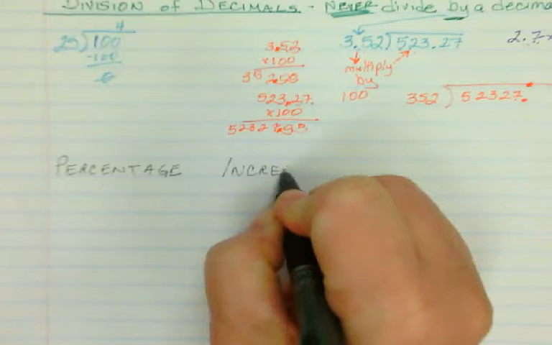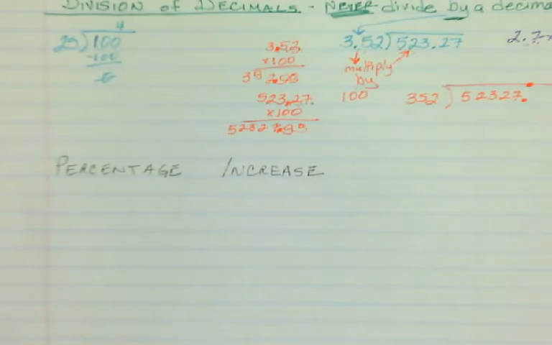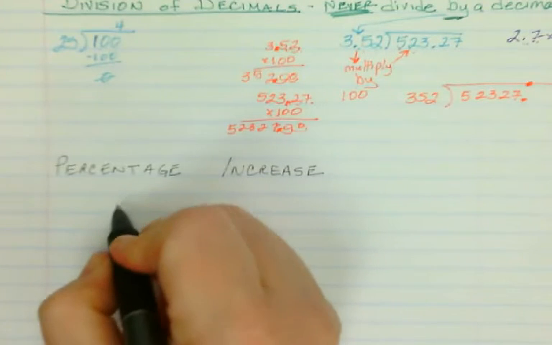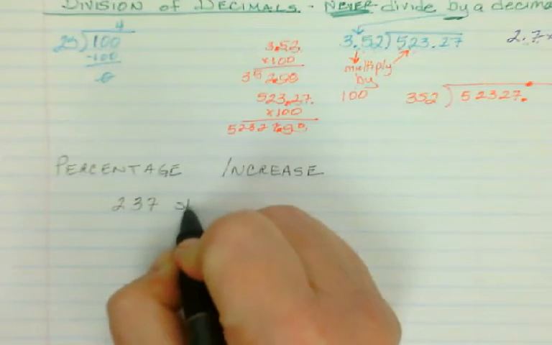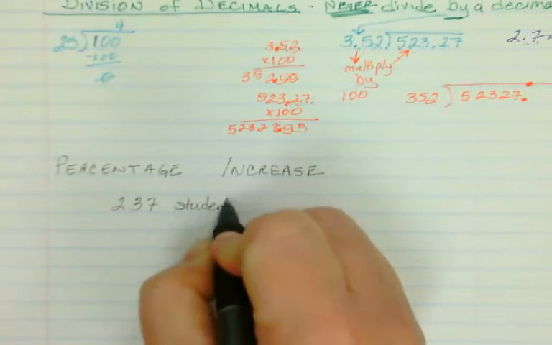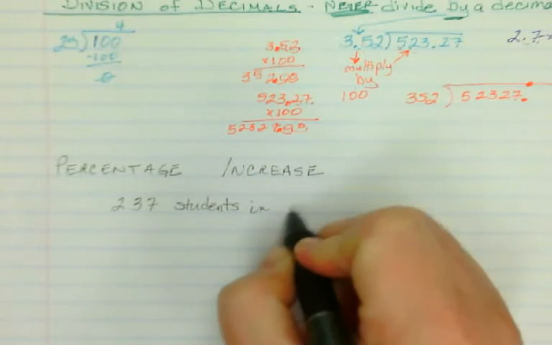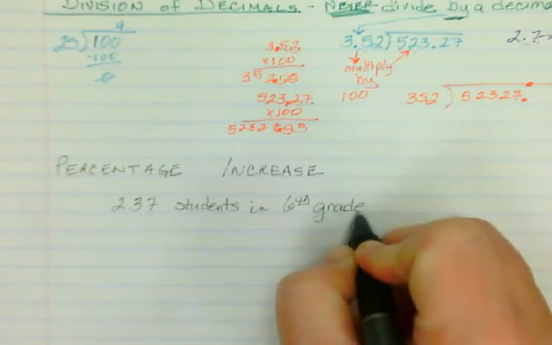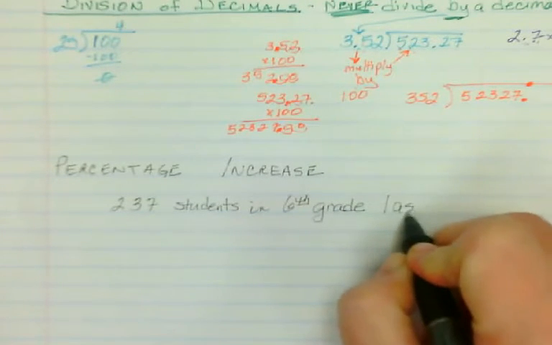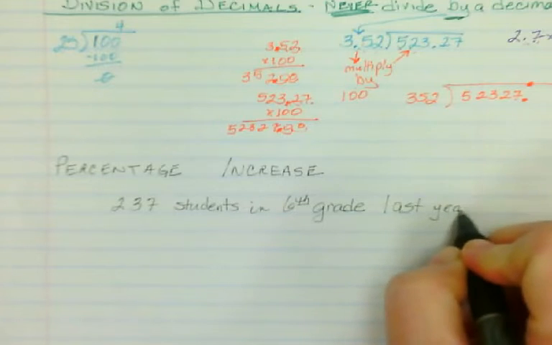increase. Okay? So let's say that there are 237 students in the 6th grade last year.